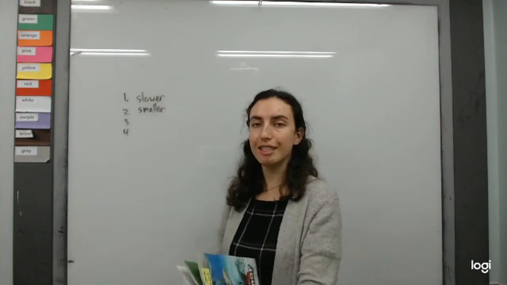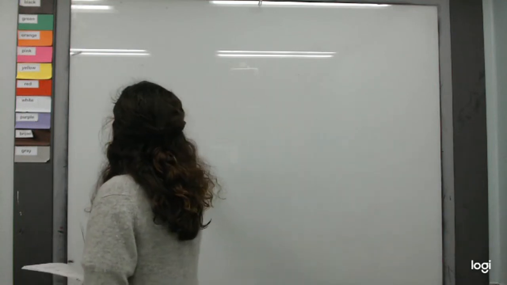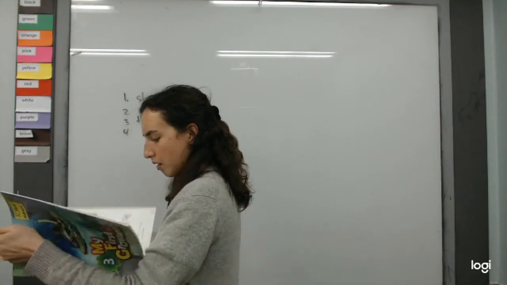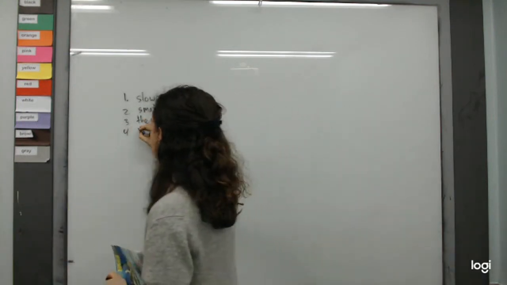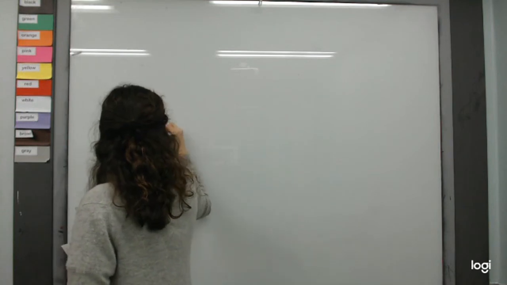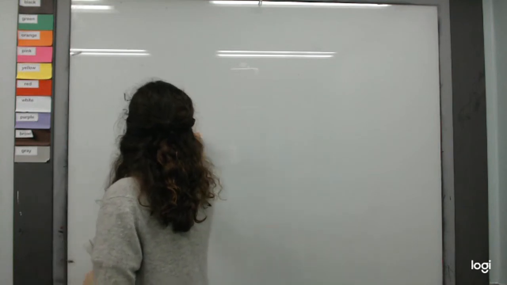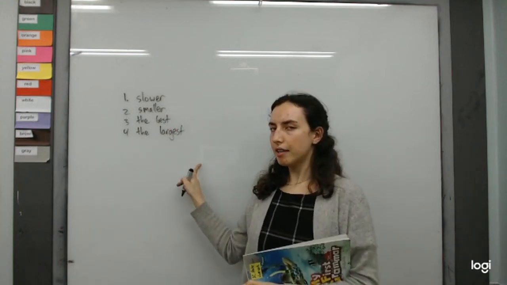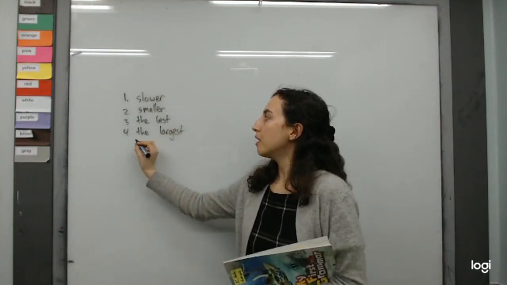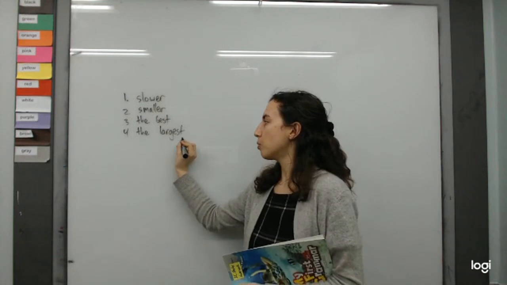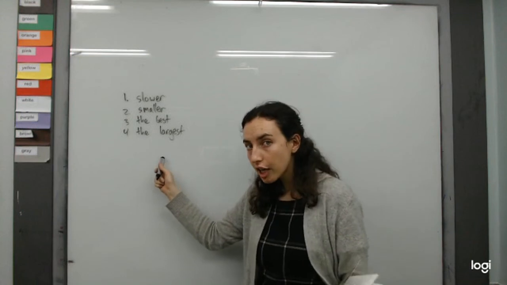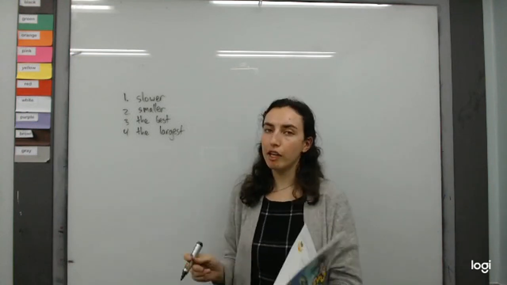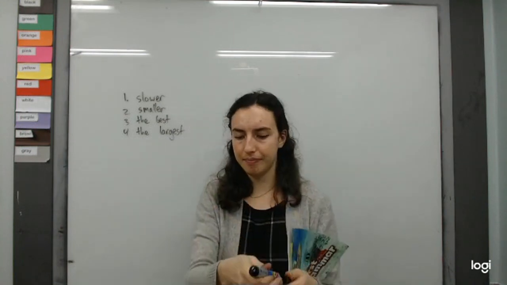So we can say which is the best. And number 4, which is the largest? Again, because we are talking about many, all buildings in the city, we want superlative, est, and not comparative. Okay, so finish checking your answers, and then when you finish checking your answers, we will do the last part.